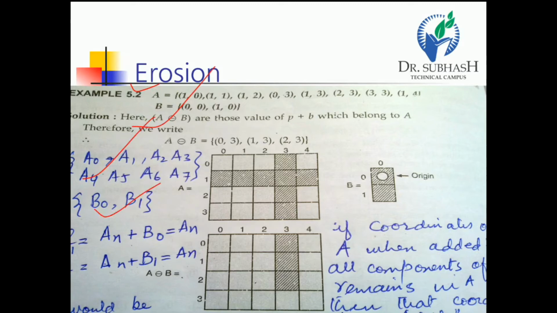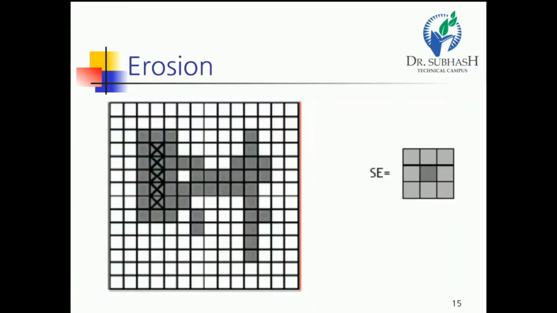So with that we can find A erosion B. In the case of A erosion B we are getting 3 components: first is 0 3, then 1 3, and 2 and 3. That can be represented with these sections, right? So this is the example of erosion, and this is the structuring element of the given image.